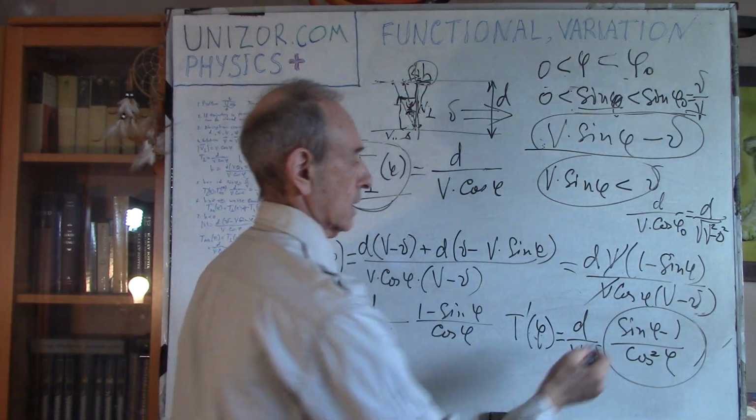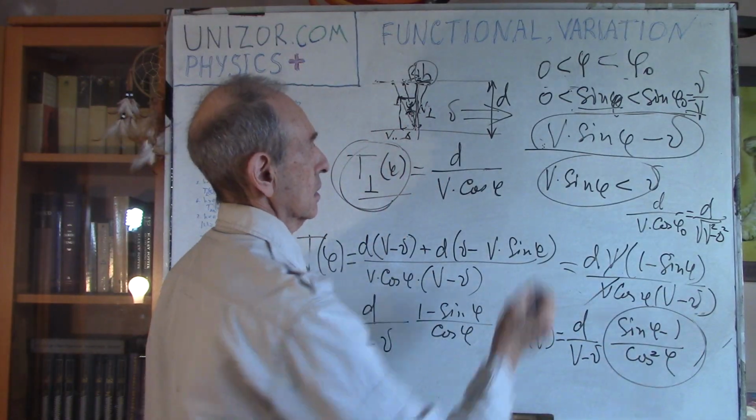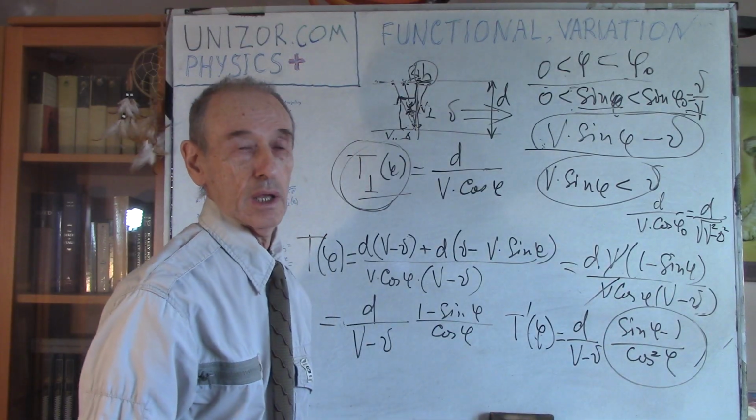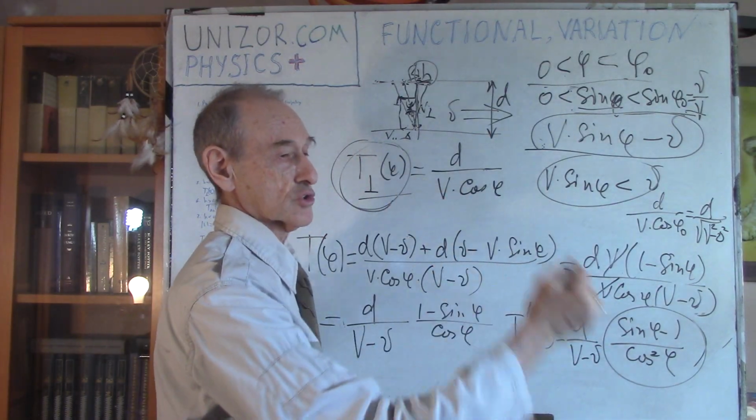You see, sine is always less than 1 in this particular case. So it's always negative. What does it mean? If it's negative, it means the function is always diminishing.